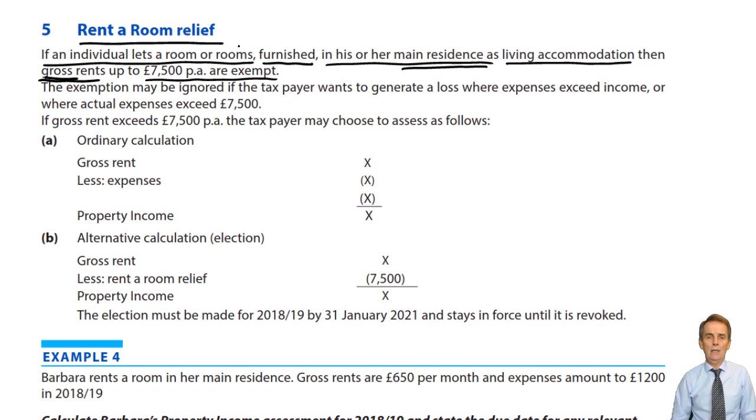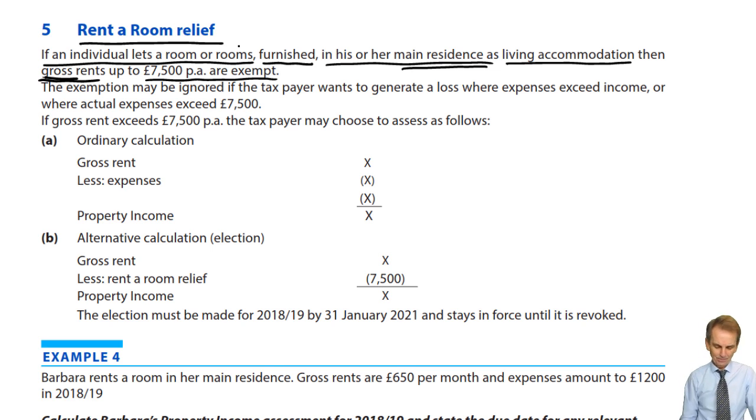That if you are willing to take in what we call a lodger there, someone to come and live in your house with you in your property, they've got their own rooms, access to various other rooms, whatever. But if they rent out a room or rooms in your property, then you could have gross rental income of up to £7,500 a year, and that would be exempt. Any profit made thereon would be exempted.